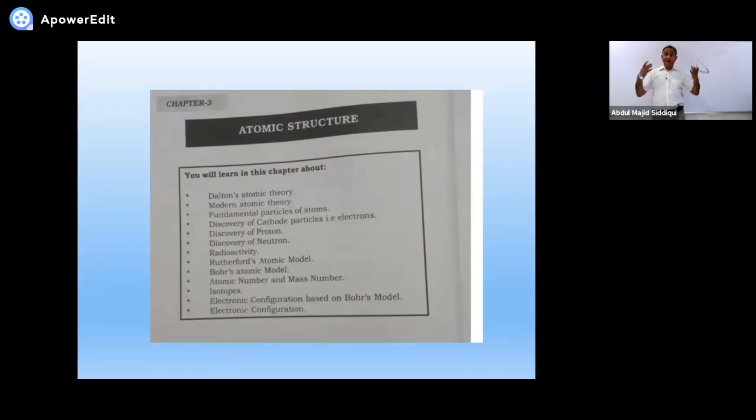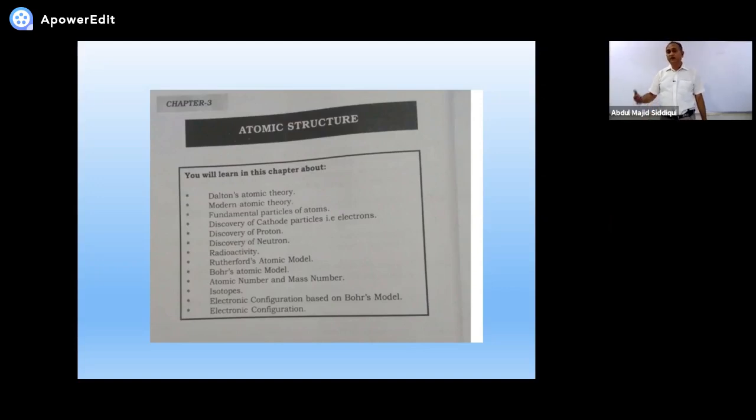After this, fundamental particles of an atom. Today we know that an atom has electrons, protons, and neutrons. Then a few experiments regarding the discovery of electrons, protons, and neutrons. A natural phenomenon, radioactivity is there, Rutherford experiment. So in this chapter, we will discuss the structure of an atom.